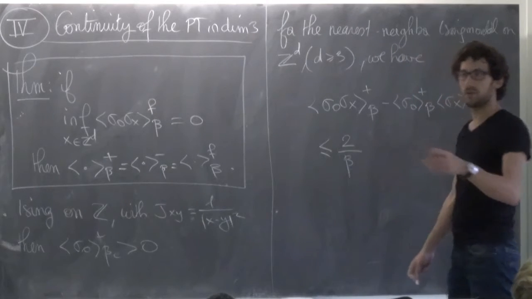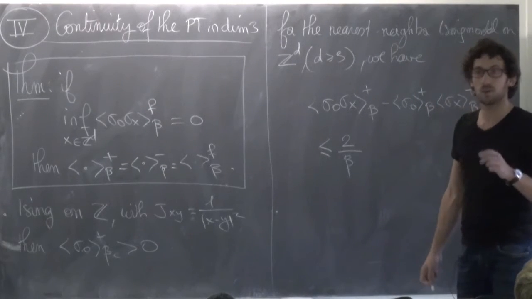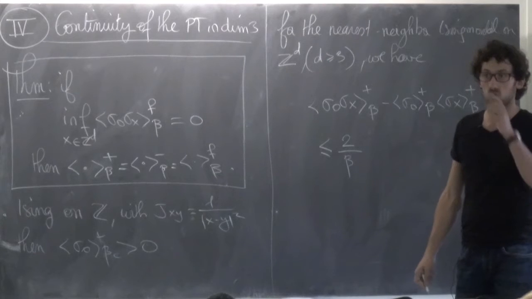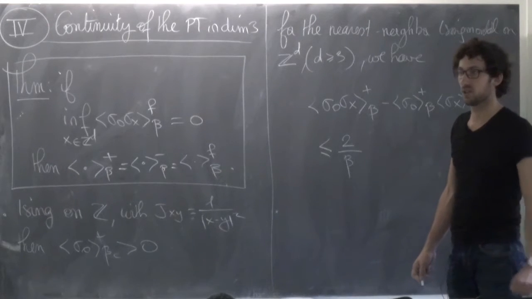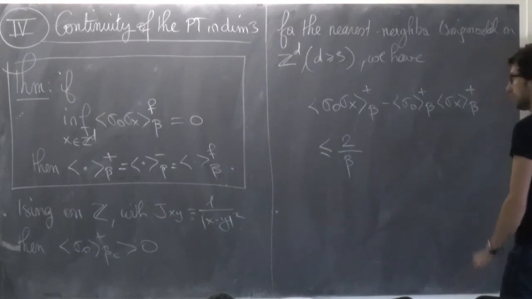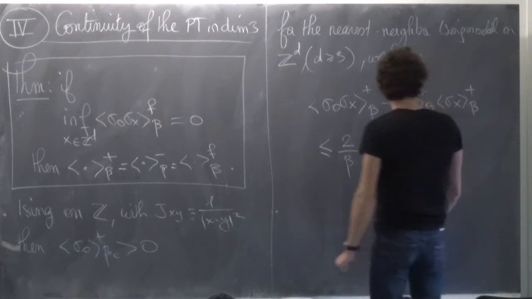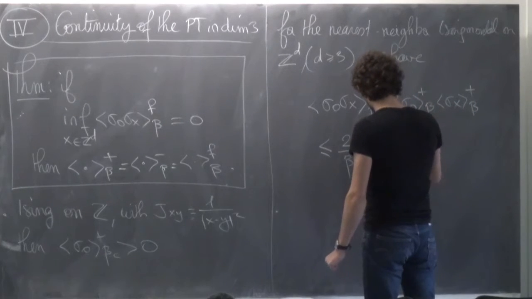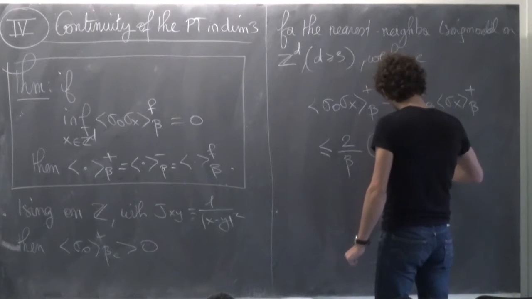Ah, yes, I forgot to correct it. There was a factor 2 that I forgot in the lemma for the previous proof, sorry. So 2 over beta times the Green function between 0 and x.